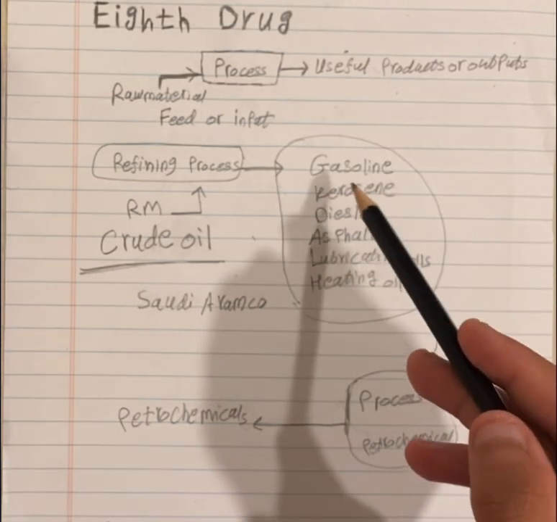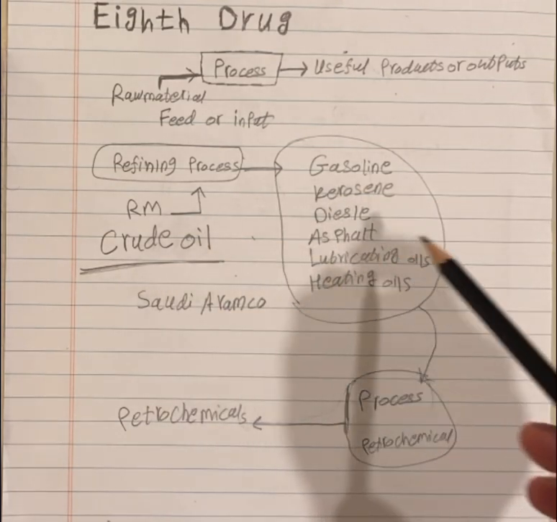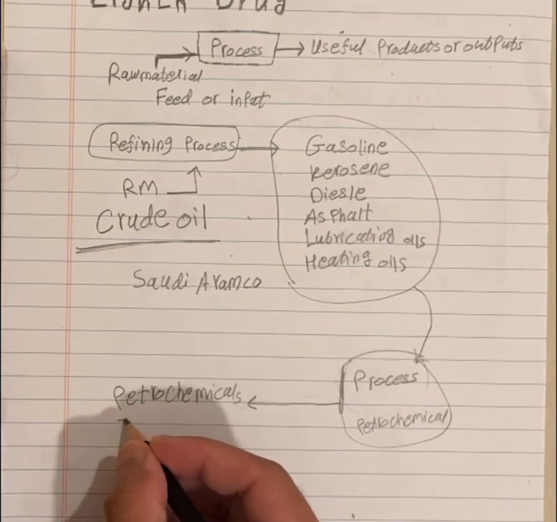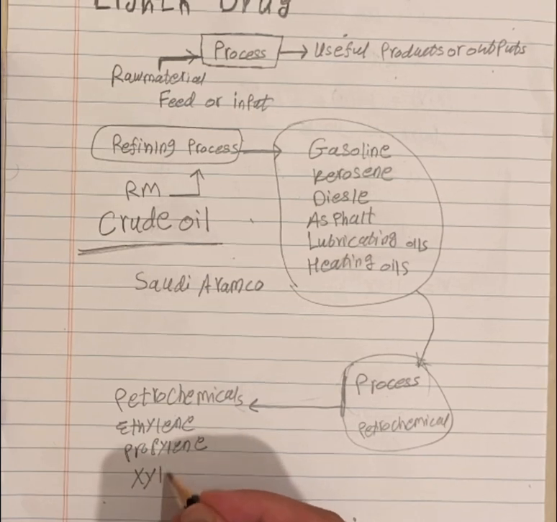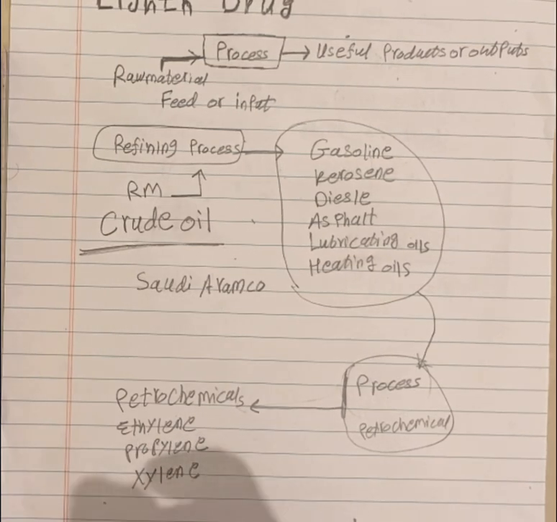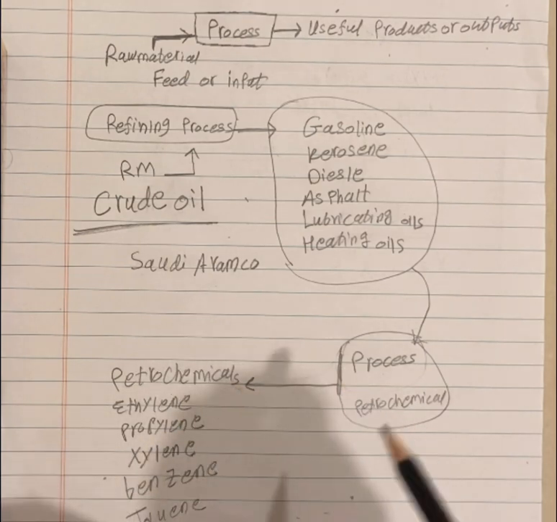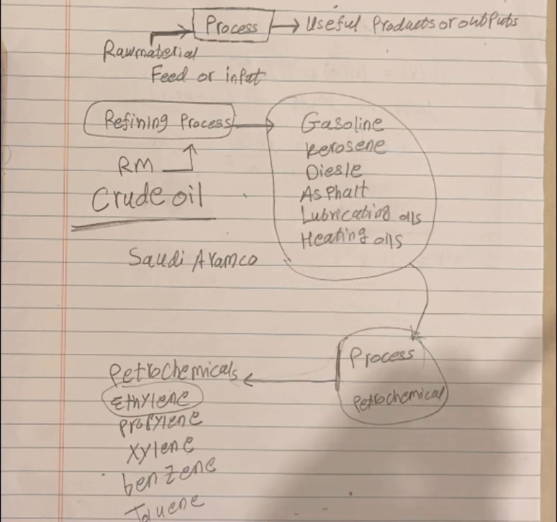After having these important products from Saudi Aramco mainly, then it will be processed into forming petrochemicals: ethylene, propylene, also, if I remember, xylene, and benzene. We have also toluene. Most likely, when you say petrochemicals, you will refer to ethylene because it's the most commonly produced one, I might say.